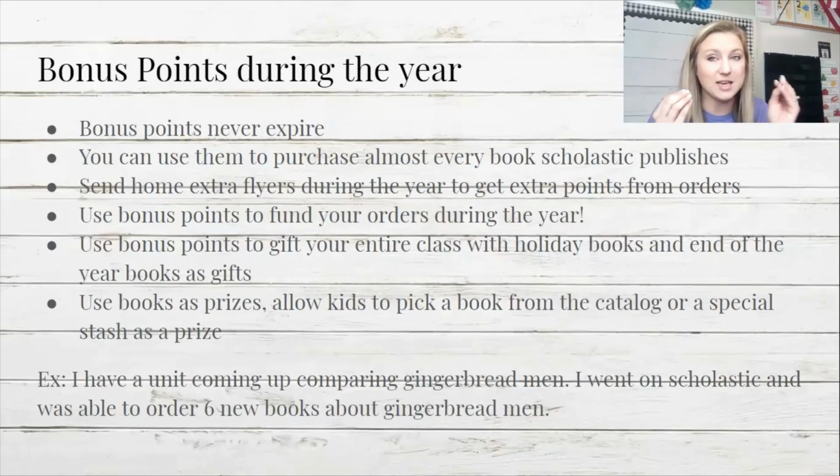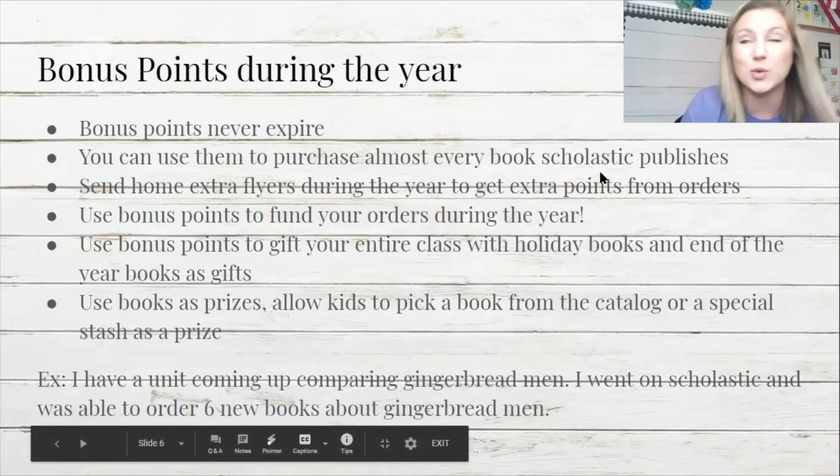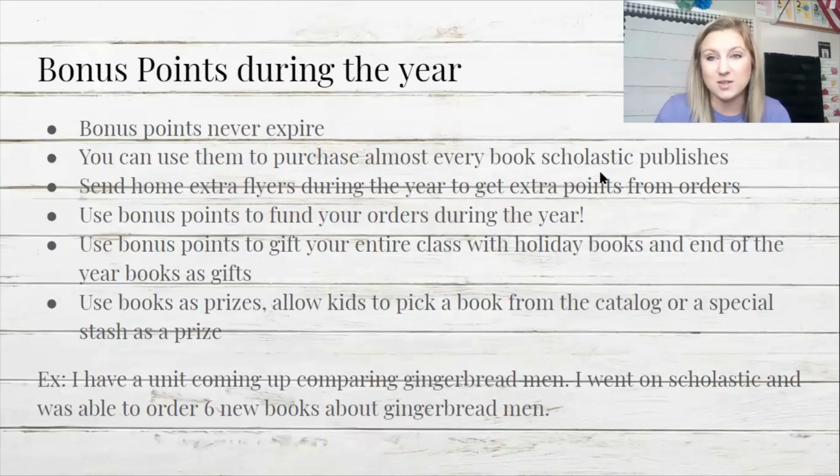And then throughout the year, as I need another month to fill in, say I didn't order my Christmas book because there weren't any Christmas books out, I can go in November and order a $1 Christmas book with my bonus points.